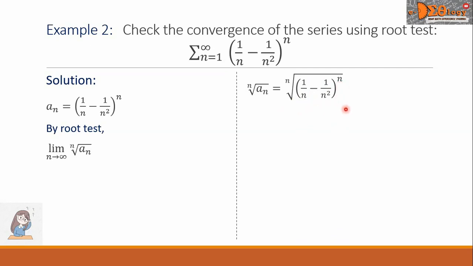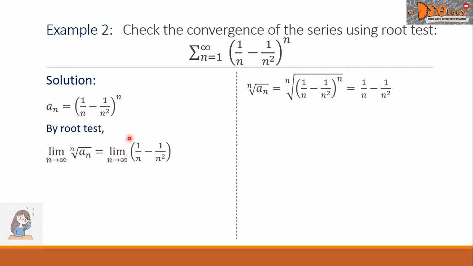We can see here that we can simplify this because the index of the radical is the same as the exponent n. So this expression will be simplified into 1 over n minus 1 over n squared. And this expression is what we're going to use as substitute in here.